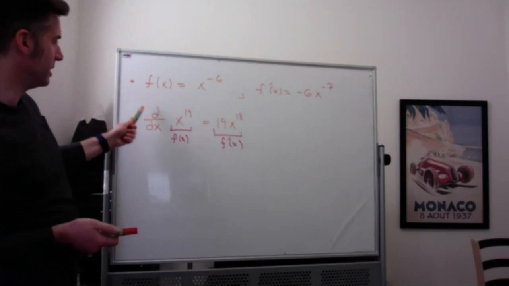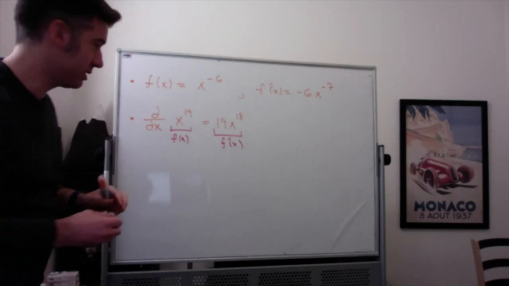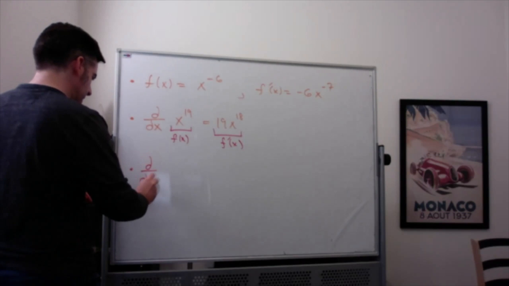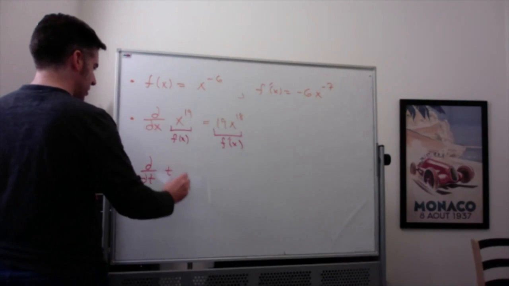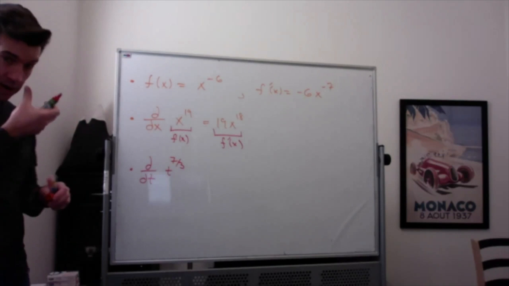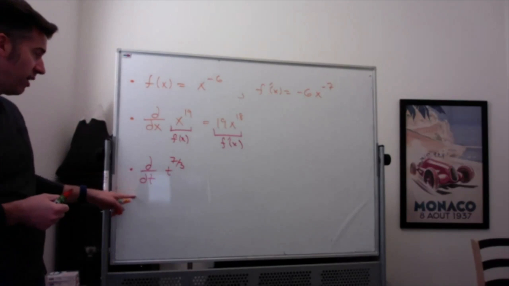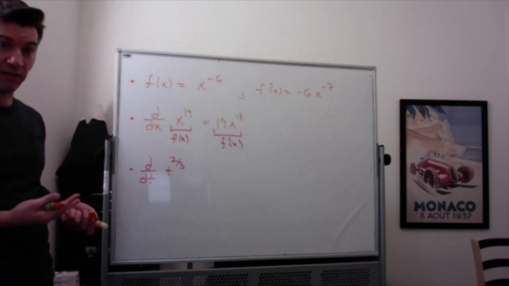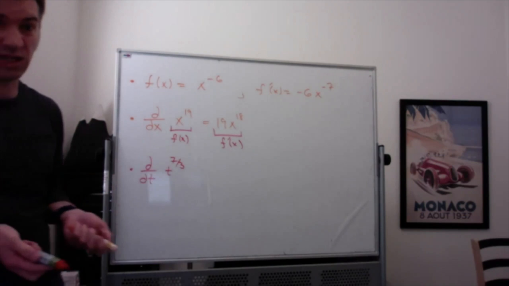That when I say d dx, or I could say, d dt of t to the 7/3, I'm just saying take the derivative of t to the 7/3 with respect to the variable t. And so we're just going to still use the power rule.